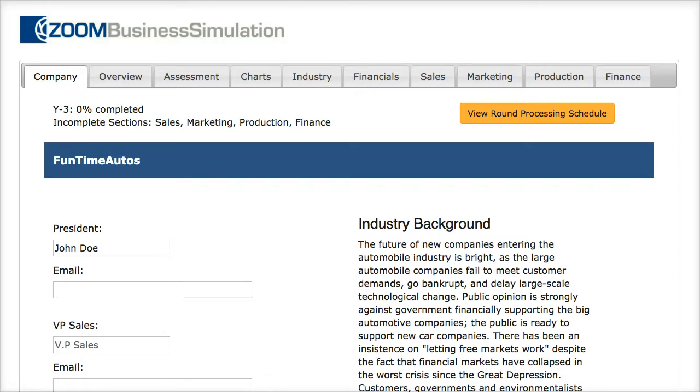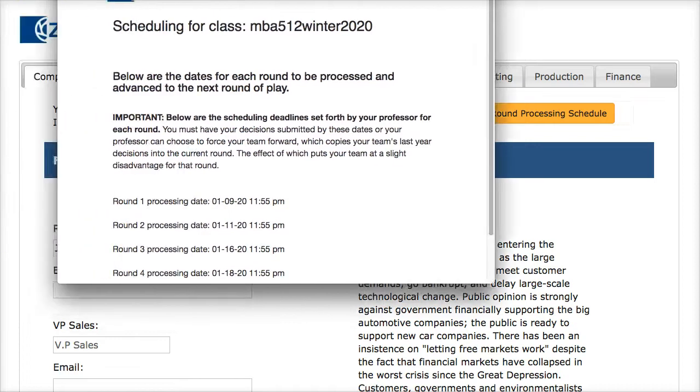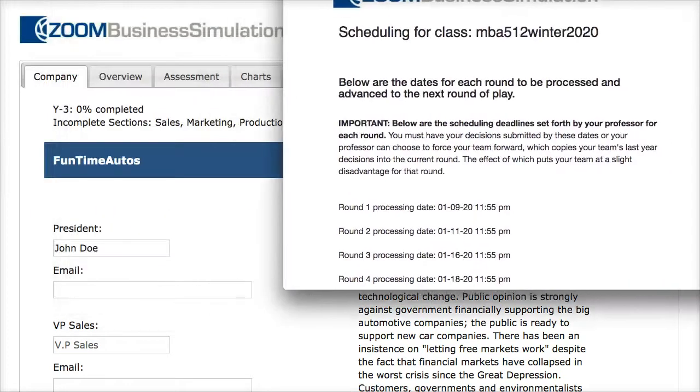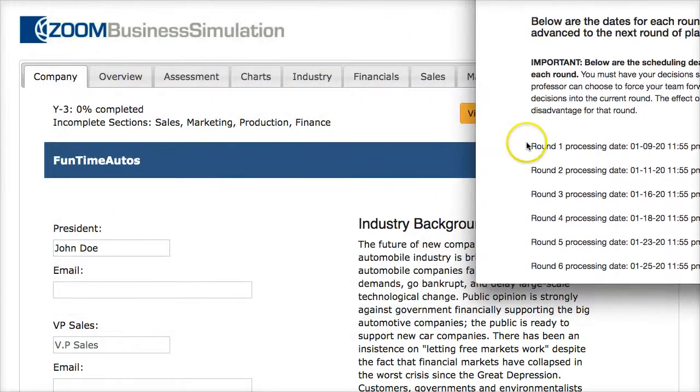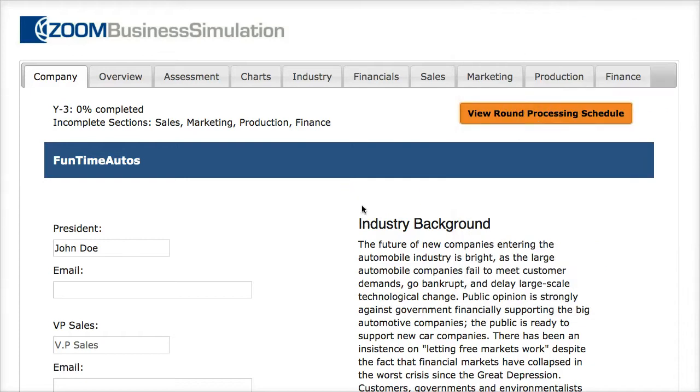Okay, so remember, click here, and you'll get a pop-up that will show you the schedule. Now, this may not be your schedule, but you can click this to see what your schedule is. And for some courses, the schedule is quite frequent for when the game is going to be processed.